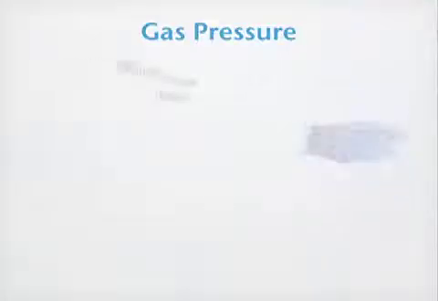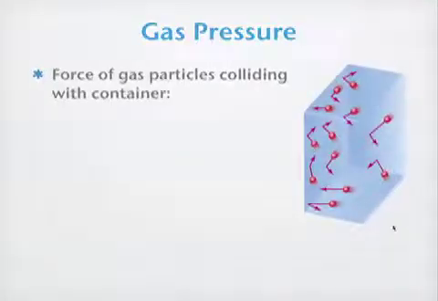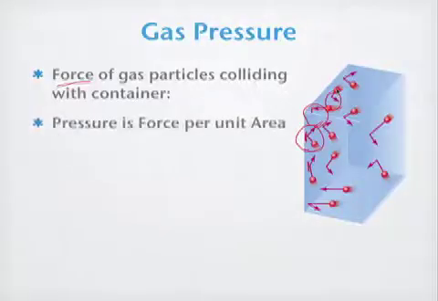So gas pressure comes about because the particles in the gas are colliding with the surface of the container they're in. That collision imparts a force from the gas particle onto the container, and within the container, that force occurs over a given area. So pressure then is defined as the force per unit area.